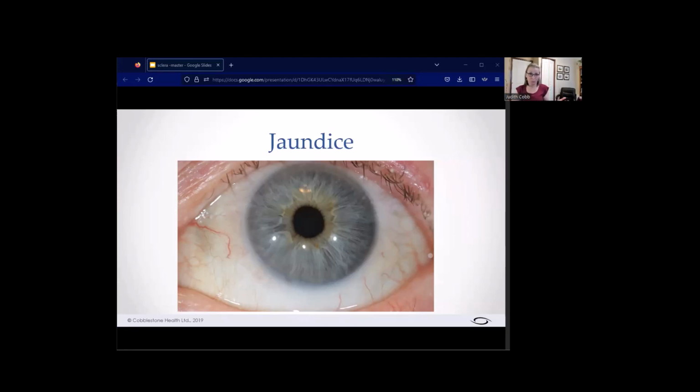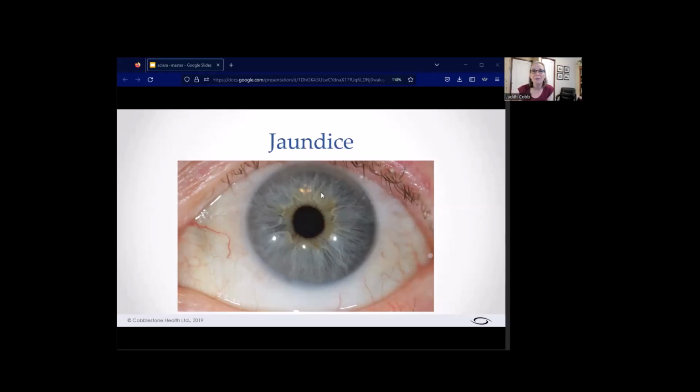We need to ask the questions first: have you been tested? Has the doctor ever mentioned anything about liver function with you? Is there any reason why your liver might not be wanting to be happy here? And then we want to also be looking at the eye to see if there are any other corroborating marks.